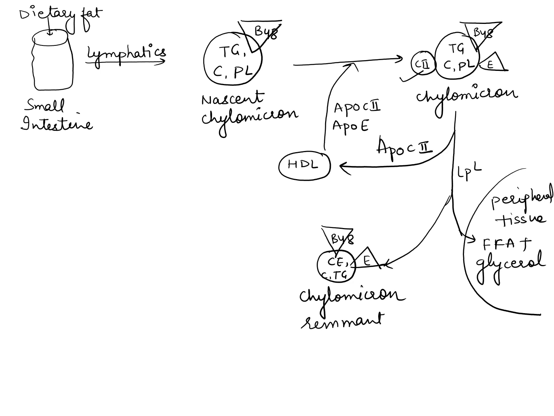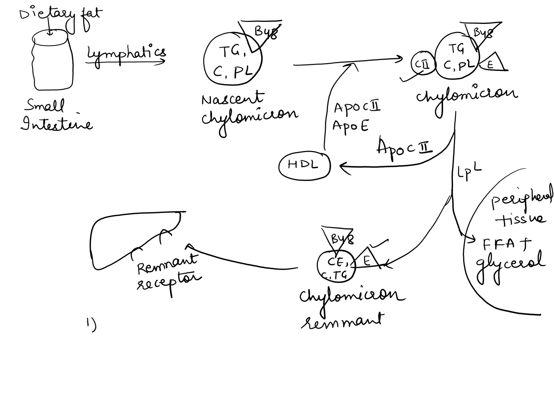Now this chylomicron remnant, the liver will take up by the remnant receptor, and this receptor is recognized by ApoE. The receptors for uptake of chylomicron remnant by liver are the LDL receptor and LDL receptor protein.